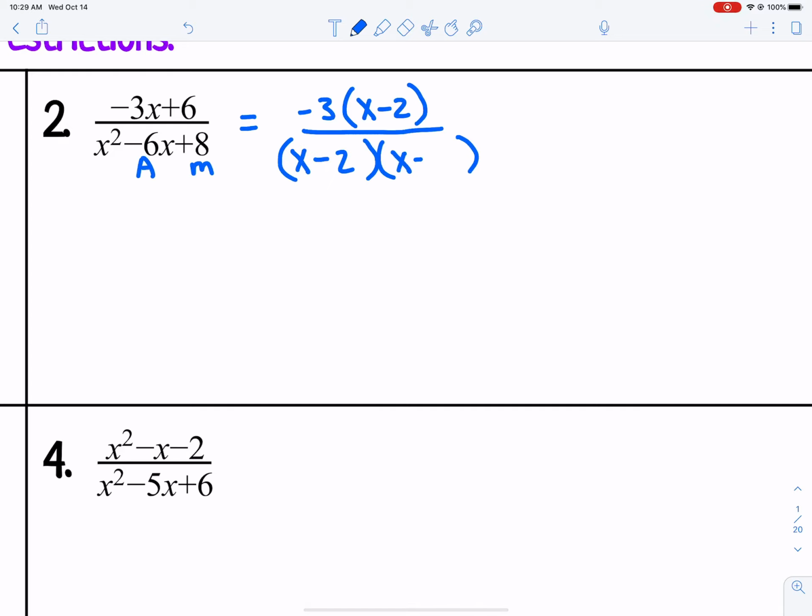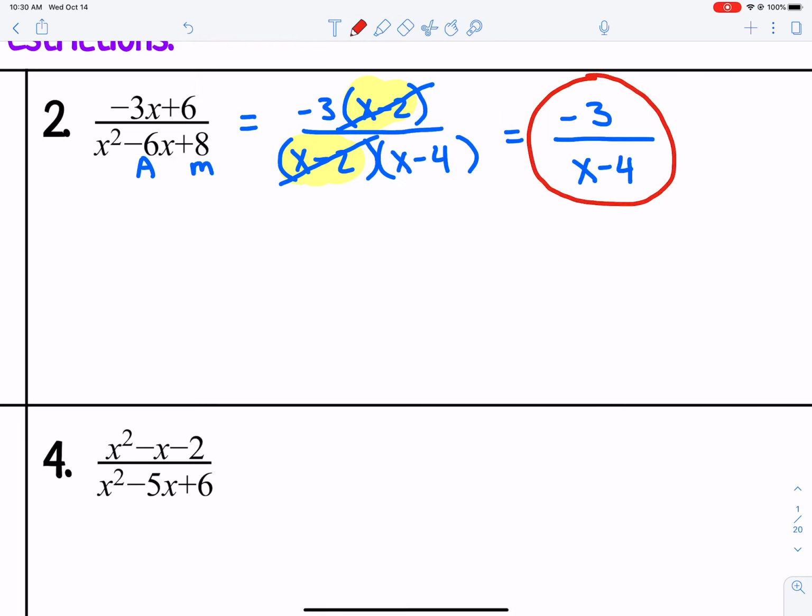So that'll be x minus 2, x minus 4. And then we have factors in the numerator and denominator that they have in common. So we're able to cancel those out and then bring over what's left. So we have negative 3 over x minus 4. That's part of our answer because that's the simplified form of our rational expression.